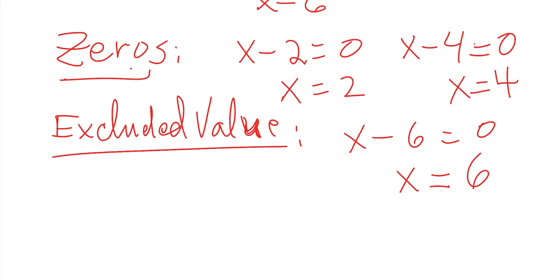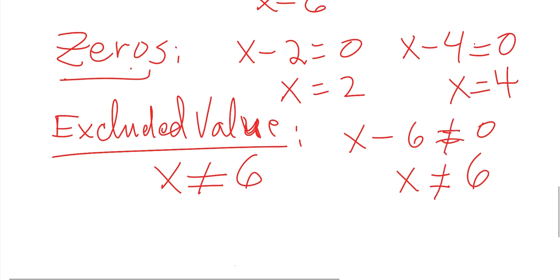I've set it equal to 0 and I've solved. But what we're really saying is x is not equal to 6, because if x is equal to 6, you get 0 in the denominator. It might be better to say x minus 6 is not equal to 0, therefore x is not equal to 6. In any event, x is not equal to 6 is the excluded value.